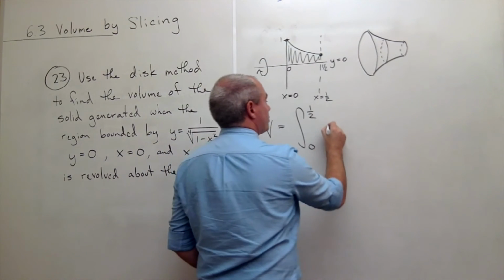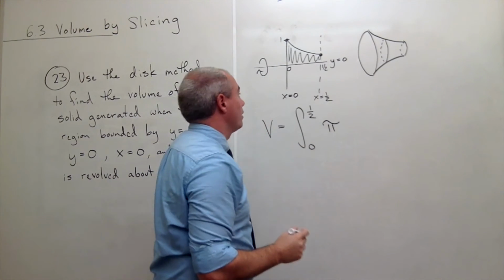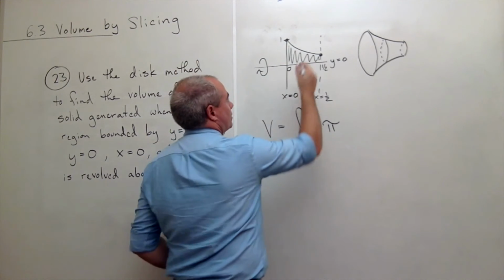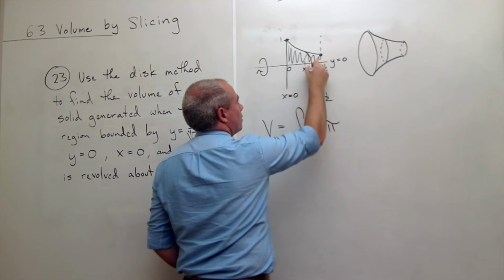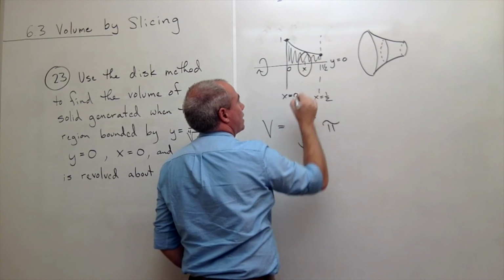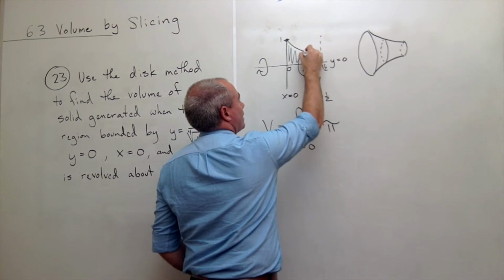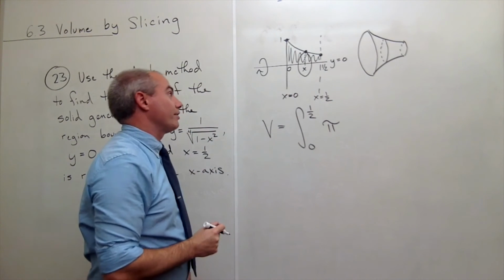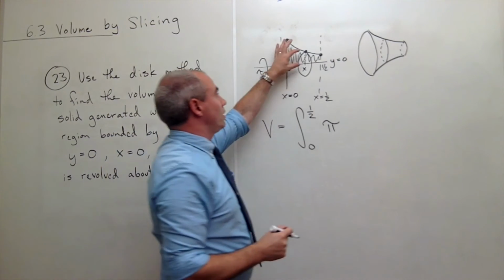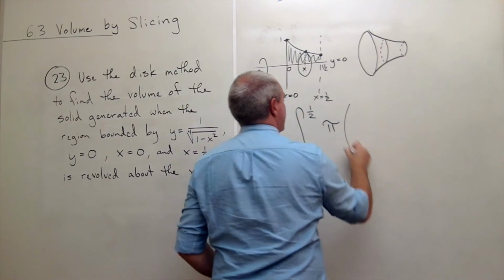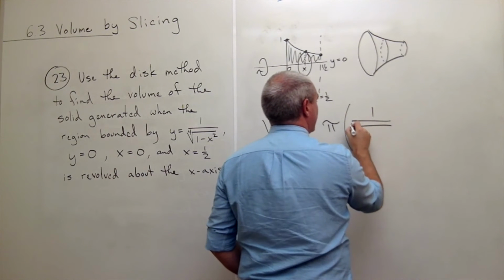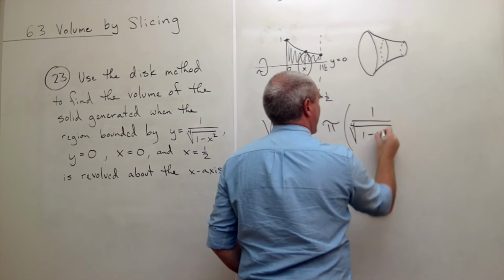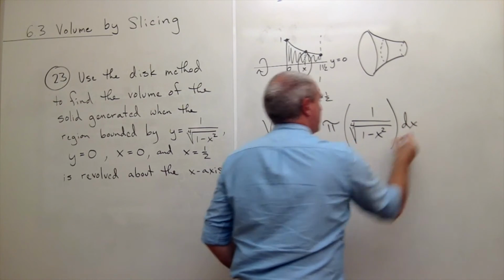So inside goes pi r, which is, in this case, let's look at just one disk that's sitting here at x. One disk looks like this, and the radius of that disk is the functional value. So the functional value in this case is 1 over the fourth root of 1 minus x squared, dx.